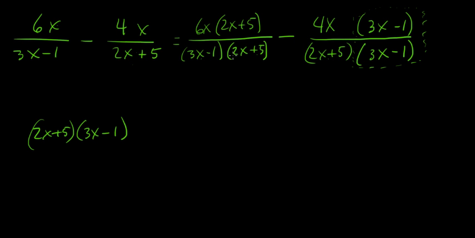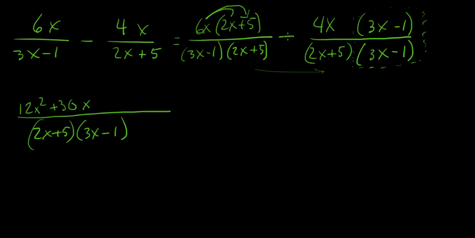Of course, you know that because of the commutative property, I can put either 3x minus 1 first or 2x plus 5 first. These are equal to each other. So what about the numerator? Well, let's see. I got 6x times 2x, which is 12x squared. I've got 6x times a positive 5, which is positive 30x.